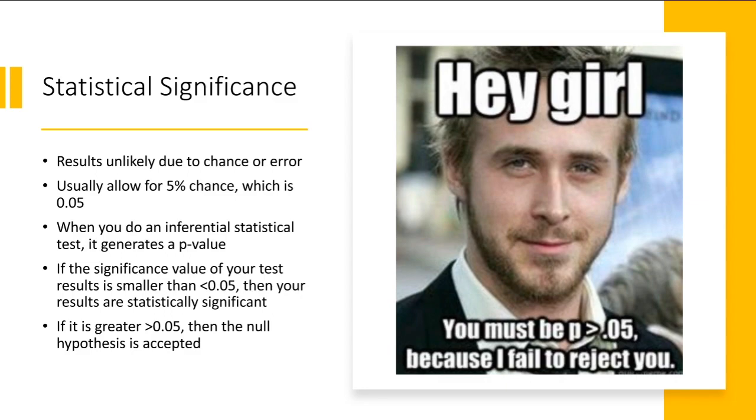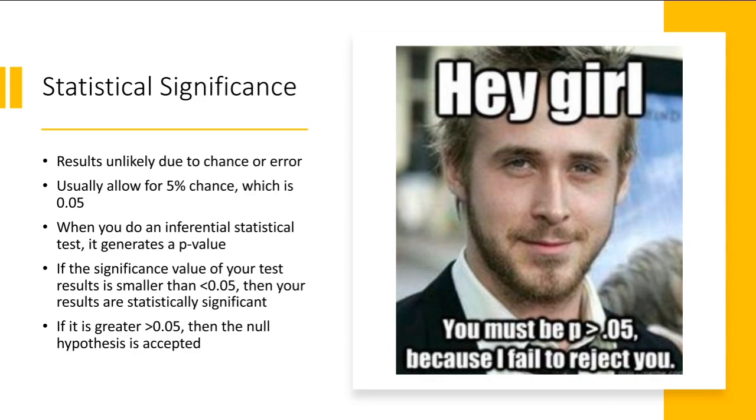So then, how do we determine whether a hypothesis can be accepted or rejected and whether it is statistically significant? Okay, when doing any statistical test, a p-value is either automatically generated or can be calculated. Once the p-value is generated, it is compared to the probability or amount of chance we are allowing for our hypotheses.